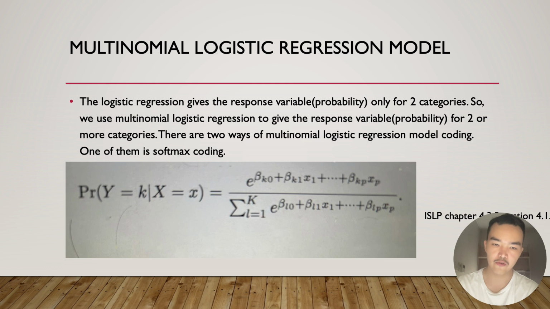For example, if you want to calculate the probability that our fruit is an apple, in the numerator we will write the value for our category, and in the denominator we'll write the total sum over all four categories: apple, orange, pineapple, and banana.